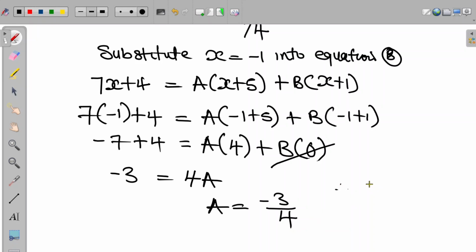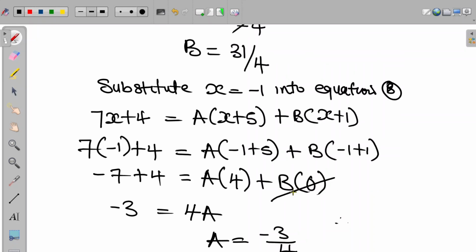Thus, we have obtained the value of B to be equal to 31 divided by 4.